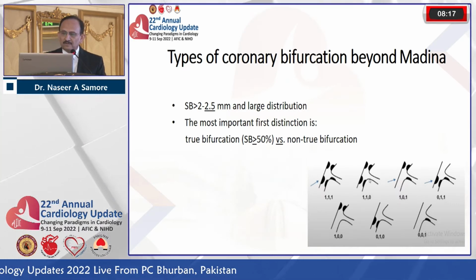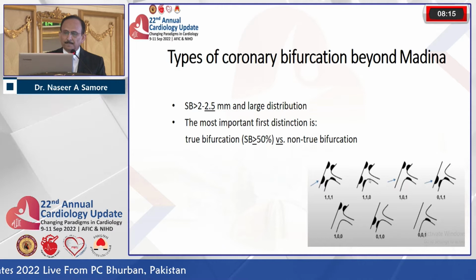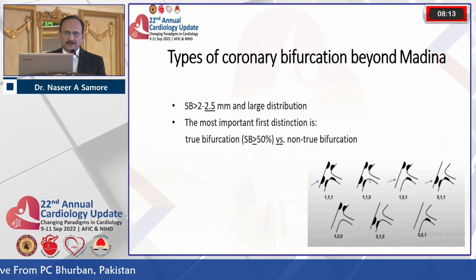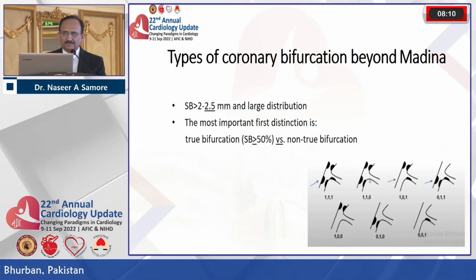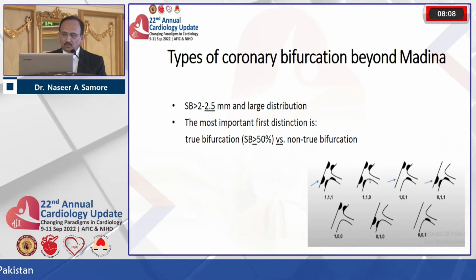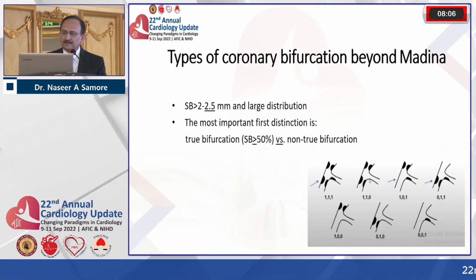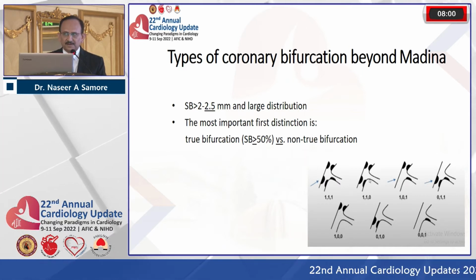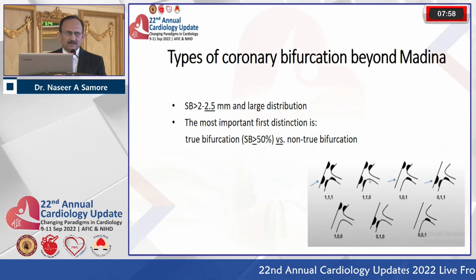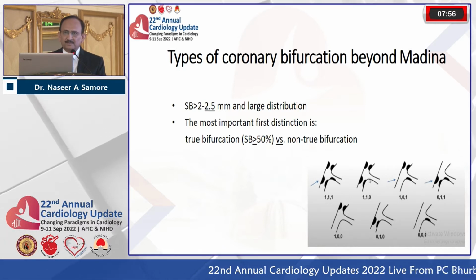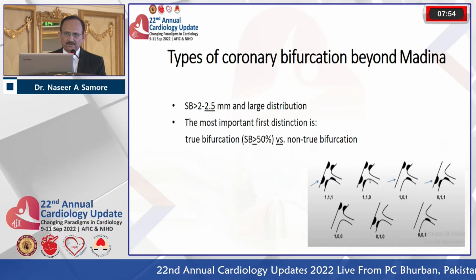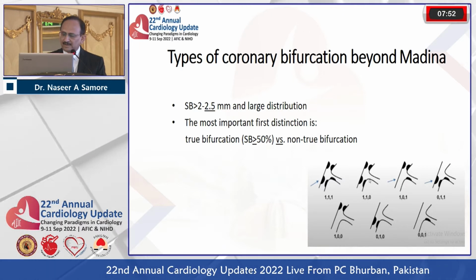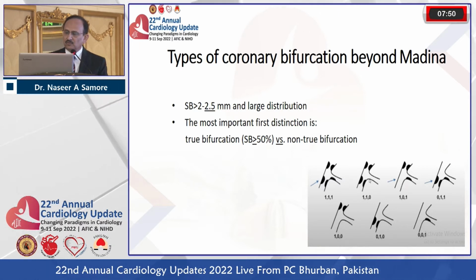Now, beyond the Medina classification, we have to divide bifurcations into true bifurcation and non-true bifurcation. All those lesions which have a main vessel lesion as well as a critical, significant lesion in the side branch are known as true bifurcation, and the rest are non-true bifurcation.